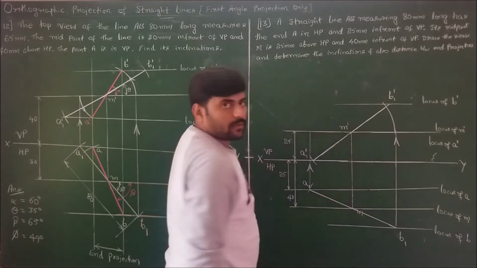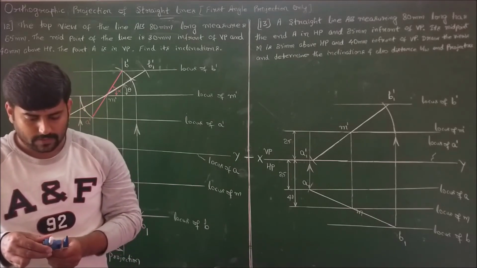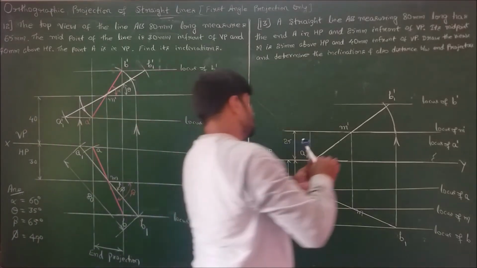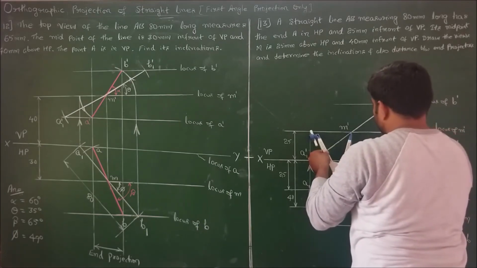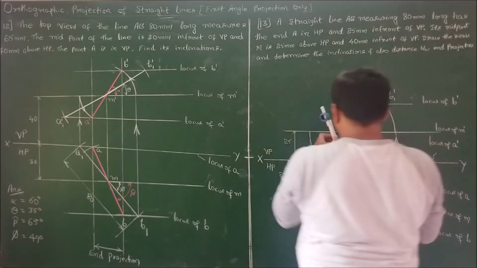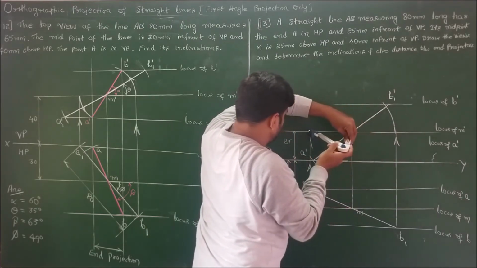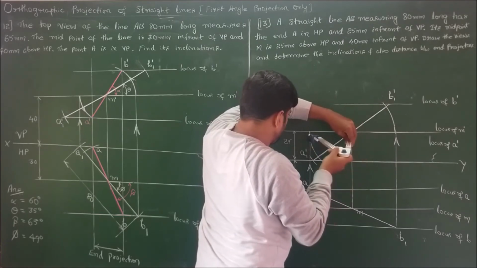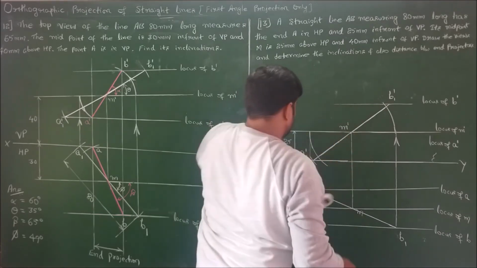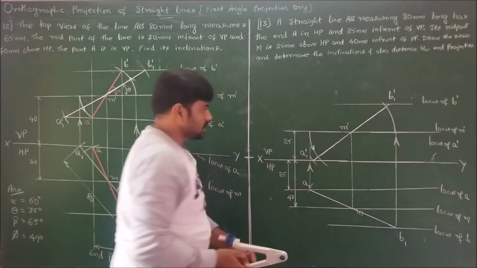Now rotate backwards. So this is the half of the apparent line behind the midpoint. So I have rotated it backwards.